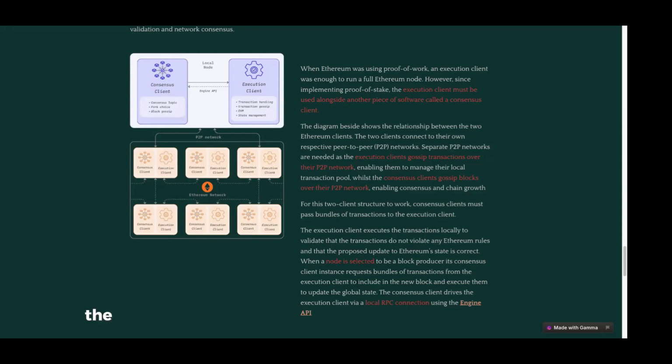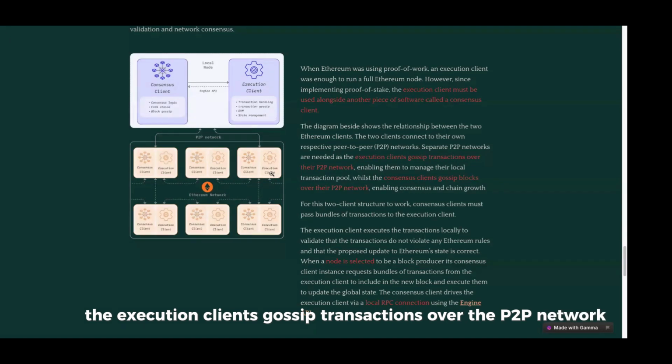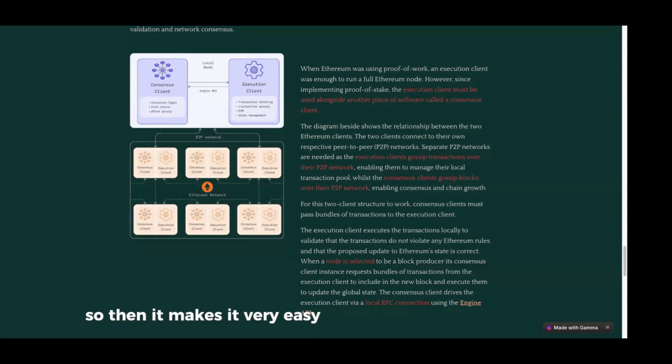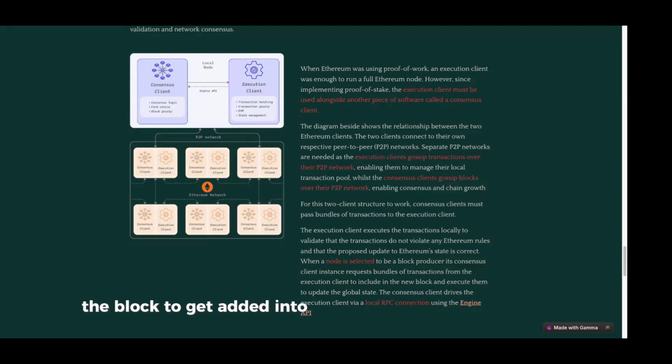Just to clarify, the execution clients gossip transactions over the P2P network, which makes it very easy to manage local transaction pools, while the consensus client gossips blocks over the network. So it helps when there is a need for a new block to be added into the network. The blocks get added into the blockchain, and then the chain grows.